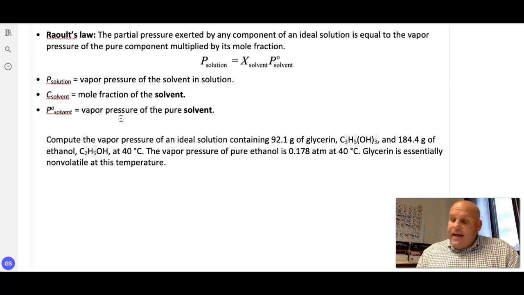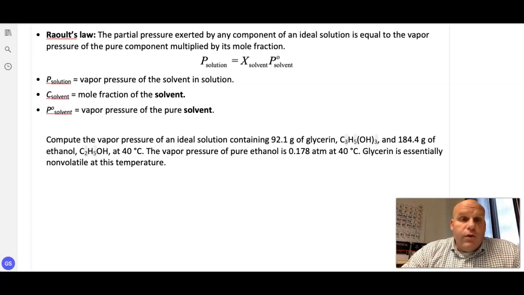You can see that it's the vapor pressure of the solvent in the solution. It's the mole fraction. So all of these colligative properties are going to have some sort of concentration as part of it. In this case, for vapor pressure lowering, Raoult's law, we're going to deal with mole fraction. And then the vapor pressure of the pure solvent. Take a second and copy this problem in your notes, and then I will work through it with you.